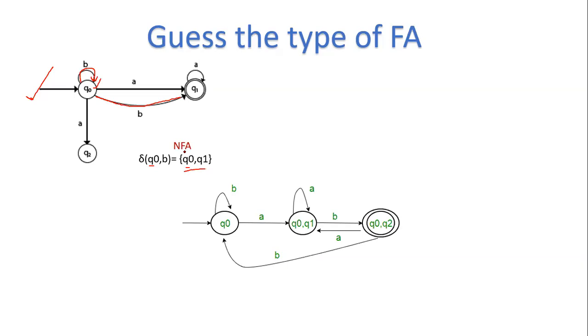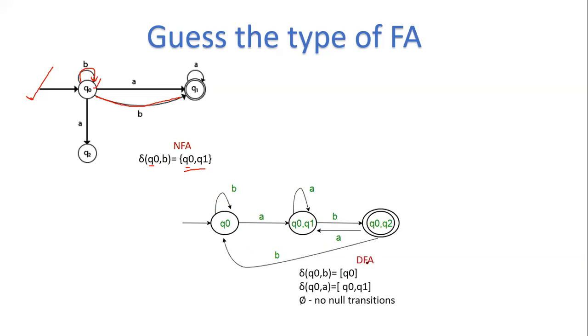How, ma? How are you saying this is DFA? For a single input, it is moving to a single state. Q0 reading A and moving here, and B. Q1 reading A itself and moving to the next state, A, B. Yes. So this is DFA.